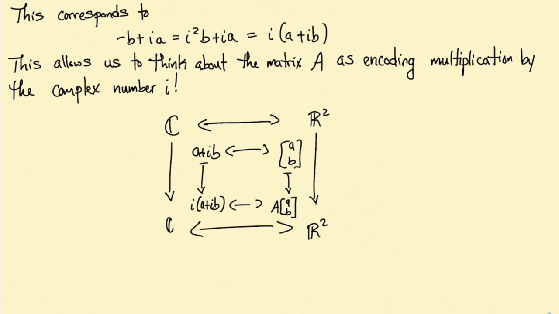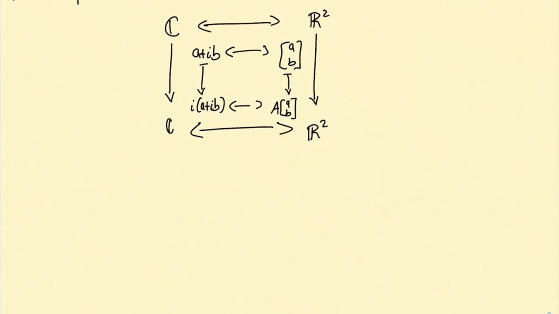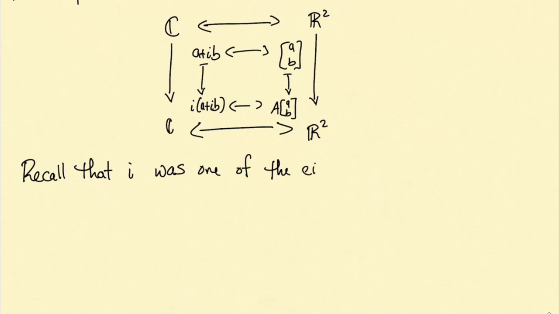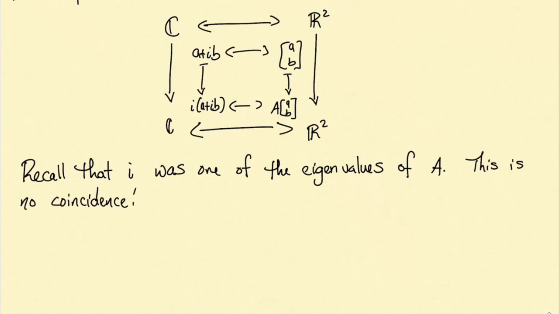So this is how we think about the matrix A as encoding multiplication by the complex number i. Now, if you recall, it just so happens that i was one of the two eigenvalues of our matrix A. It turns out that this is no coincidence whatsoever.